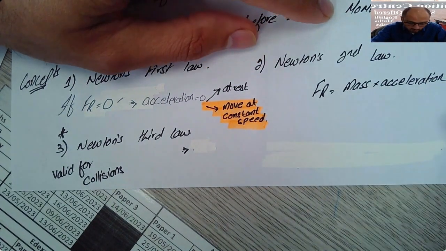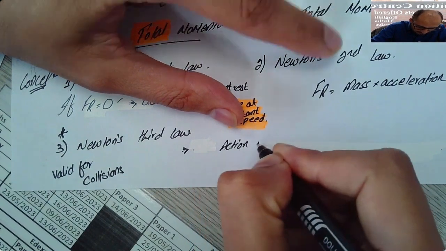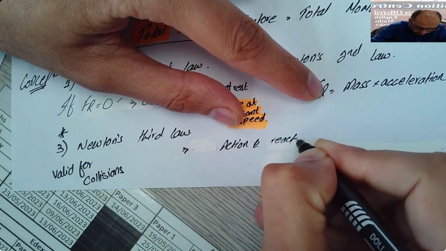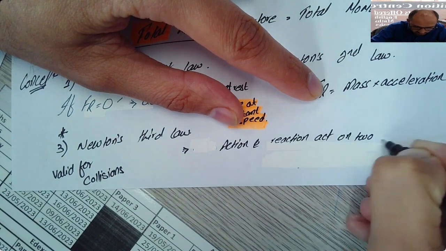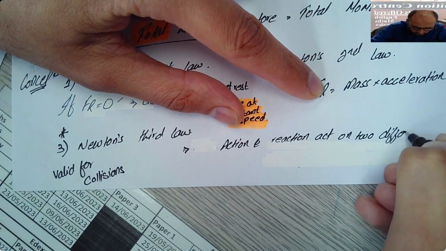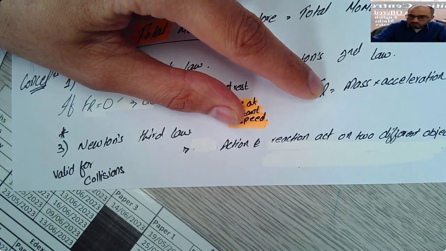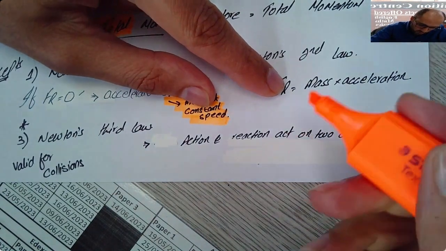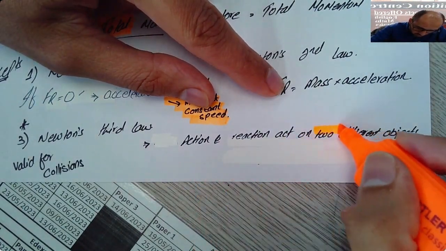That's Newton's third law, but you have to remember action and reaction act on two different objects. Very, very important. So you can't apply Newton's third law if you consider only one object.